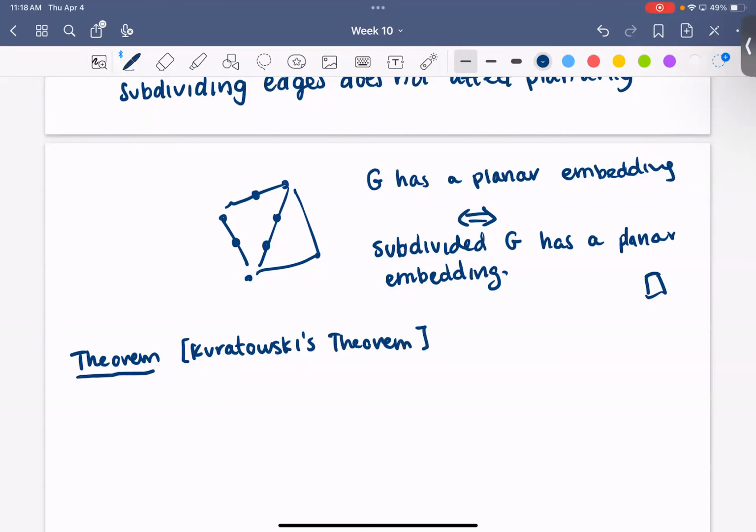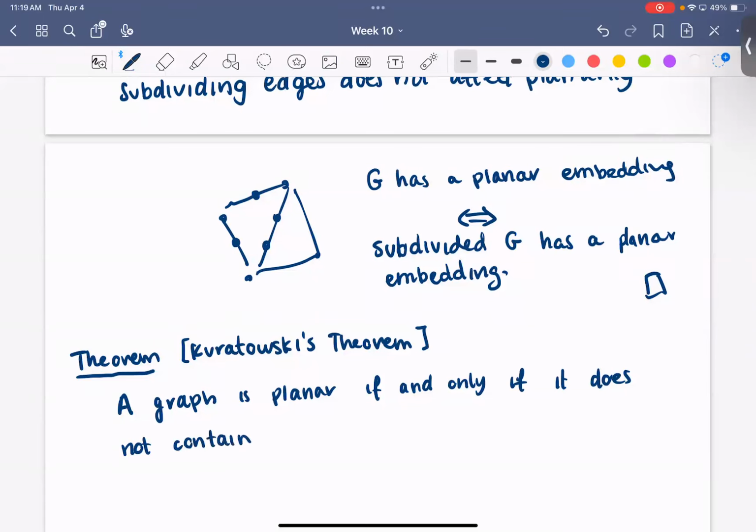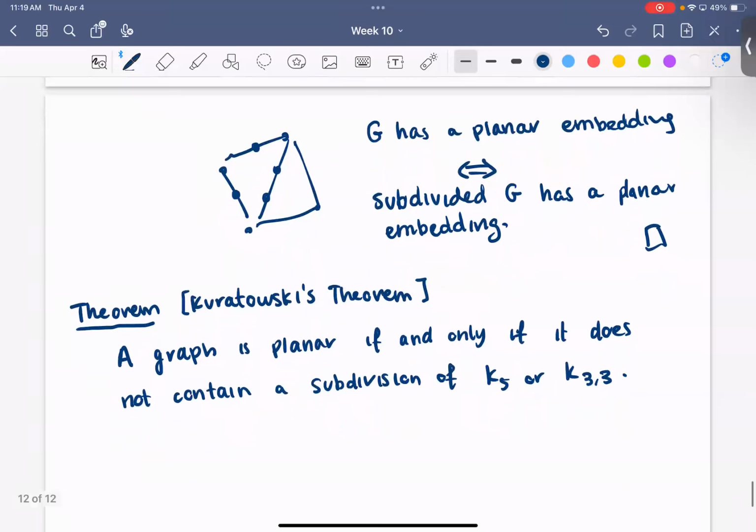It says a graph is planar if and only if it does not contain a subdivision of K5 or K33. Okay, is the statement clear?